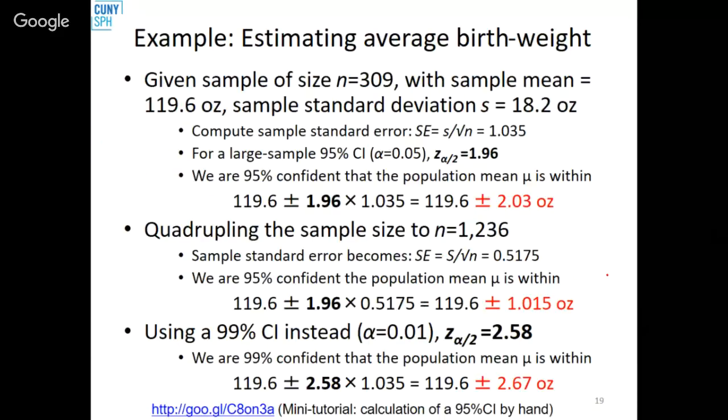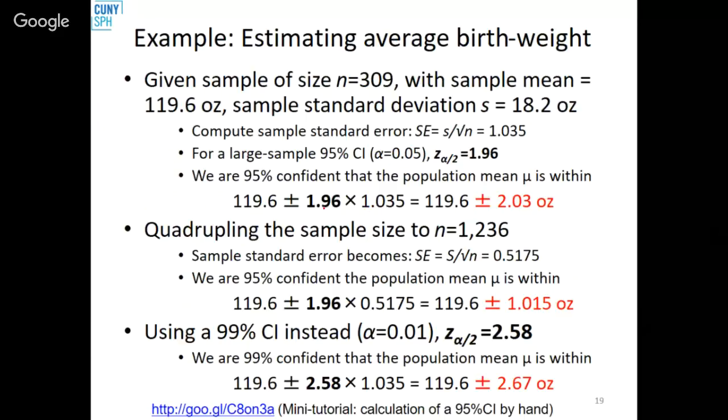All right, so going back to that, we did this orally already to calculate a confidence interval in this infant birth weight example. We take the sample mean plus or minus the critical value, which in this case is 1.96 because the infant birth weights are normally distributed, and we have a fairly large sample size.